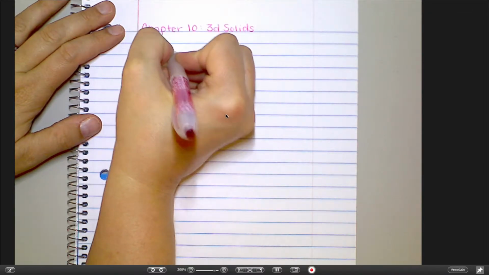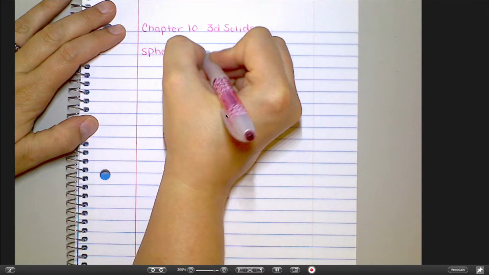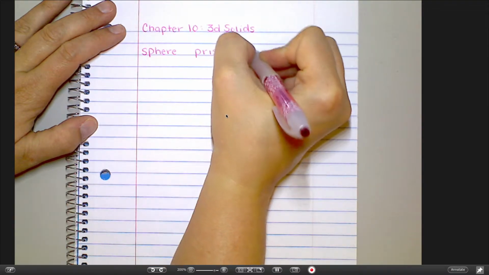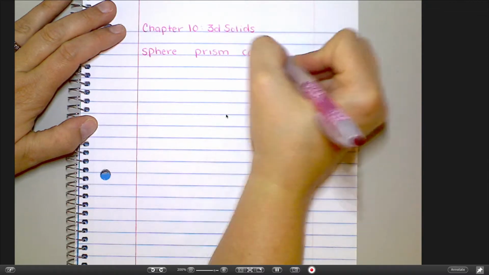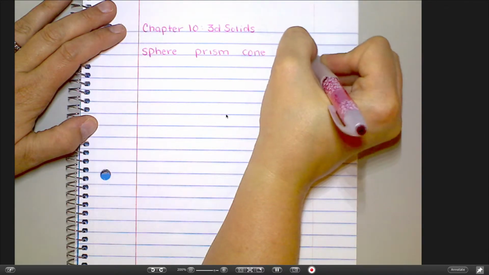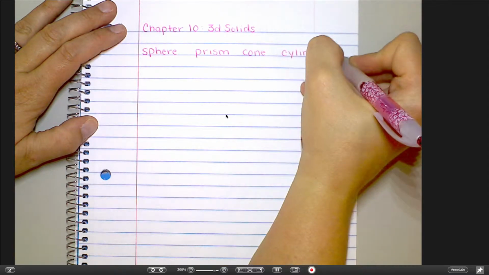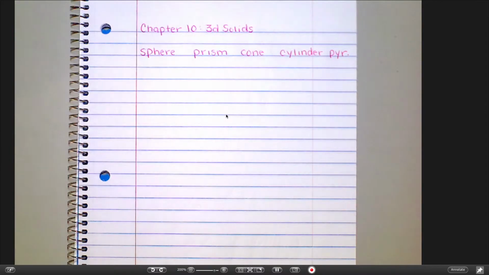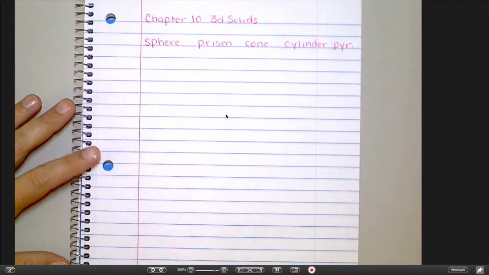Prism, cone, cylinder. One more. Pyramid. There we go. I'm just going to abbreviate because we'll be writing all of these again in just a second. So sphere, prism, cone, cylinder, and pyramid are our 5 types of solids.